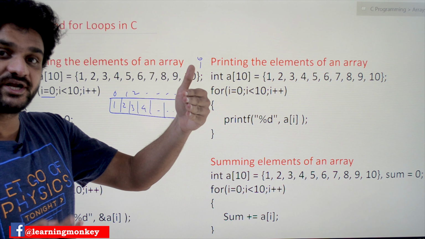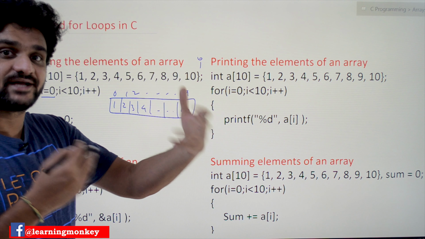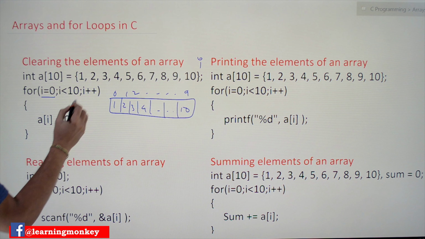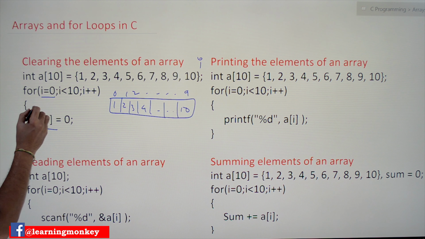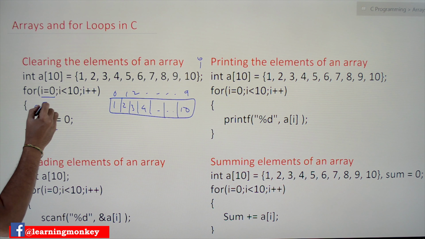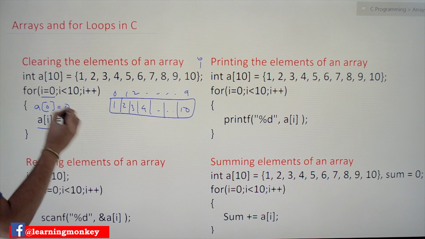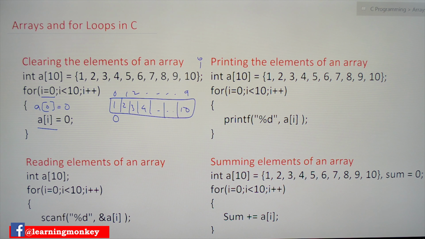So it is going to iterate from 0 to 9, 10 times, and every time the value of a of I is set to 0. In the first iteration, a of 0 is equal to 0, so this value will be made 0.